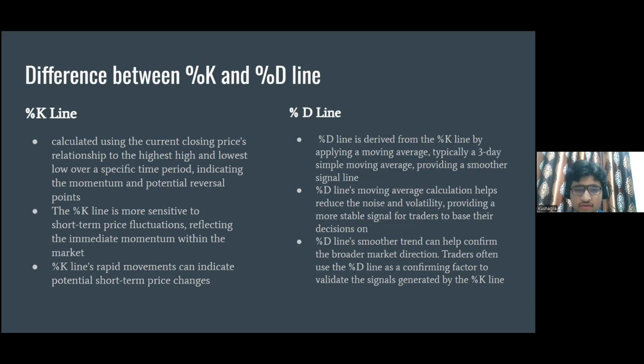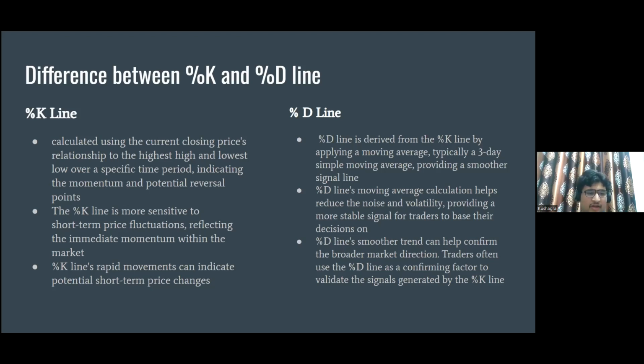All right, so this provides an insight: the percentage K contains the noise and the volatility. The percentage K line is quite sensitive to short-term price fluctuations, and we can look into this short-term price fluctuation using the percentage K line. Whereas the percentage D line, since it's a smoothened version, we might not be able to see any short-term price fluctuation on the percentage D line. So it's a major difference.